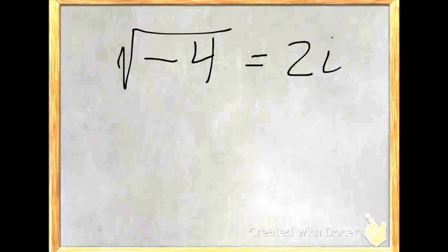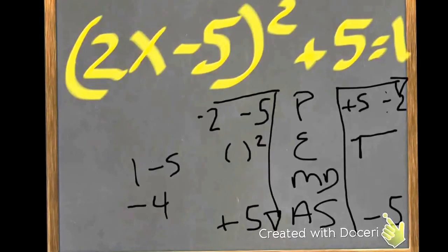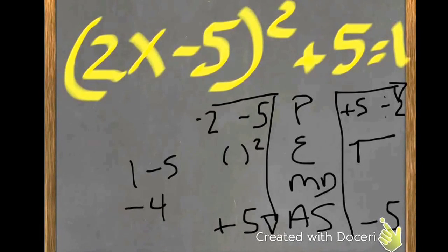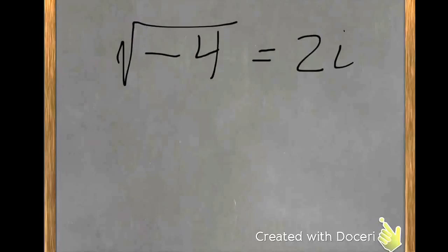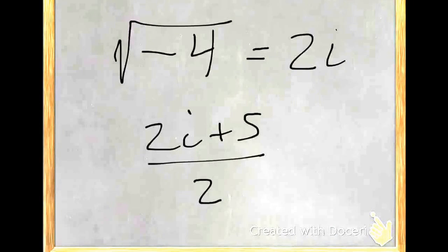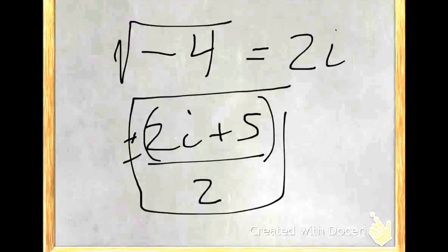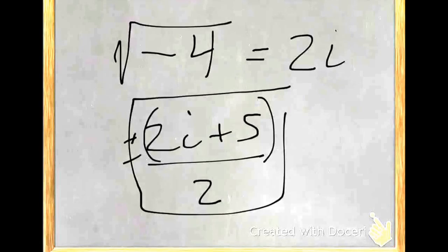Remember, the square root of a negative 1 is i. Then I'm going to add 5 and then divide by 2. And actually it's probably plus or minus all that. And that gives me my answer.